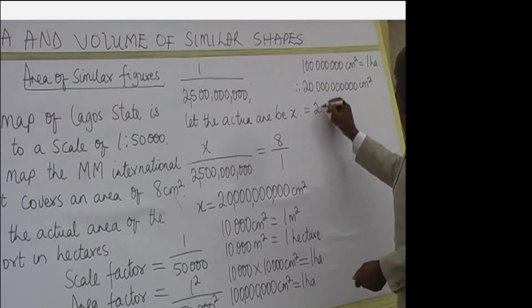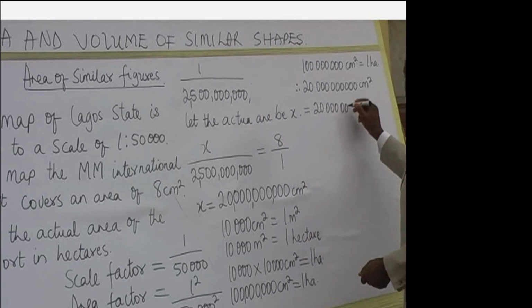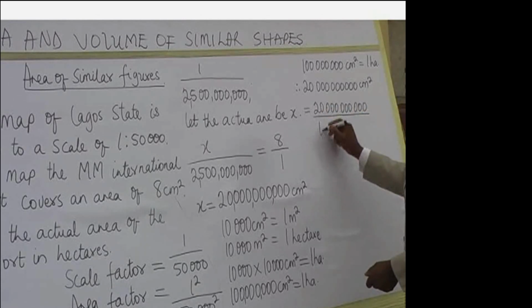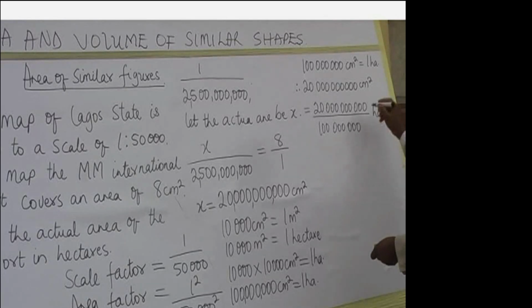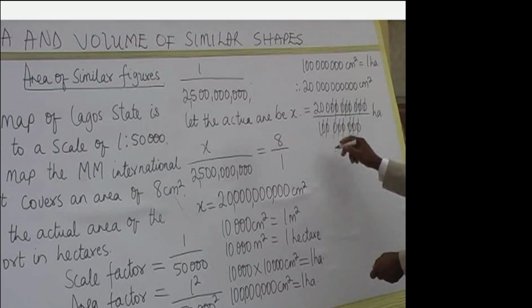Whatever we have here is in hectares. So let's divide out. So we have 200.